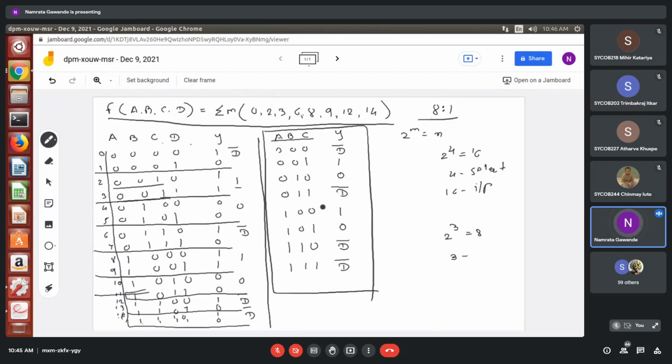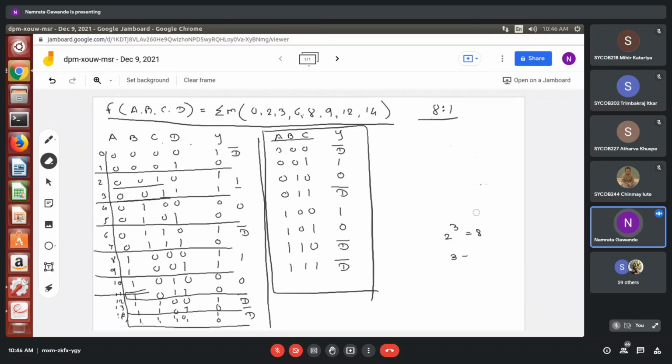So if I am having this truth table, I can draw an 8:1 mux block diagram with the help of this truth table. How can we draw the 8:1 mux block diagram?